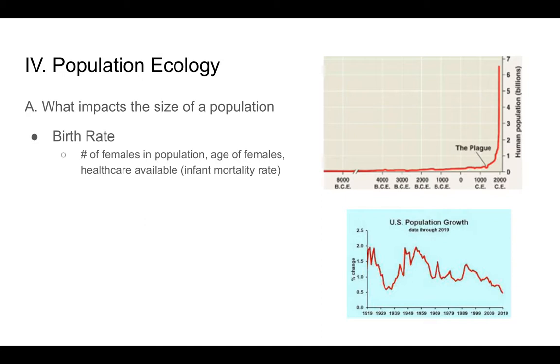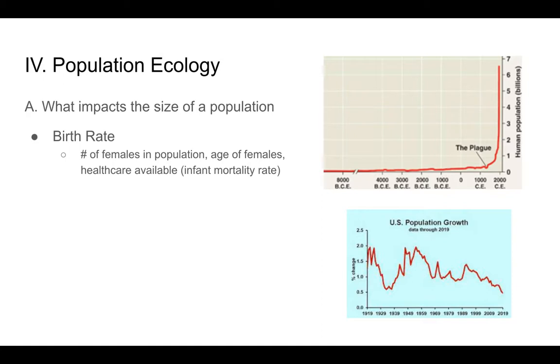You would also look at things within the population that exist or don't exist, things like healthcare. If you have a good healthcare structure in a country, then you're going to see that the majority of your births, and I'm talking about humans, are going to be successful. Those babies are going to live. If you don't have great healthcare, either maternal healthcare for the mom while she's growing the baby, or when the baby is born, if there's any issues, then you're going to find countries that have a higher infant mortality rate.